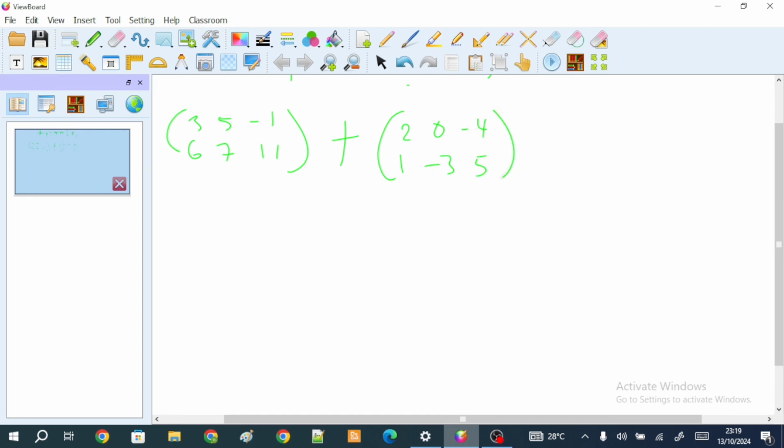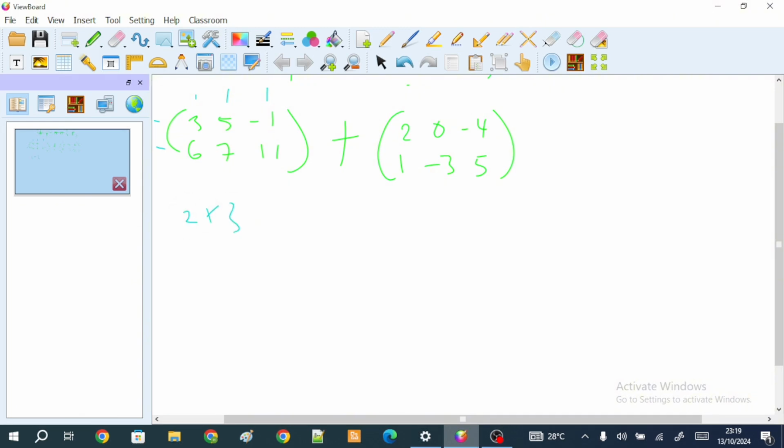To add these two matrices together, are they of the same order? Let's check. The first matrix here has 1 row, 2 rows, and then 1 column, 2 columns, 3 columns. So this is a 2 by 3 matrix, 2 by 3.